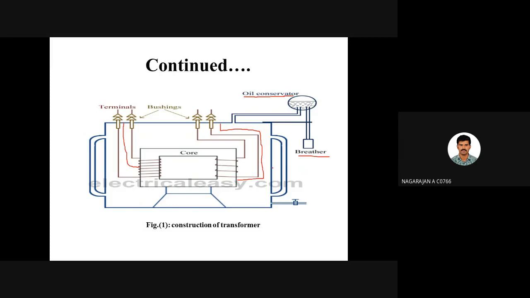This is called the tank of a transformer. Bushings and terminals are connecting terminals, where we connect the input, and this is where we connect the output.